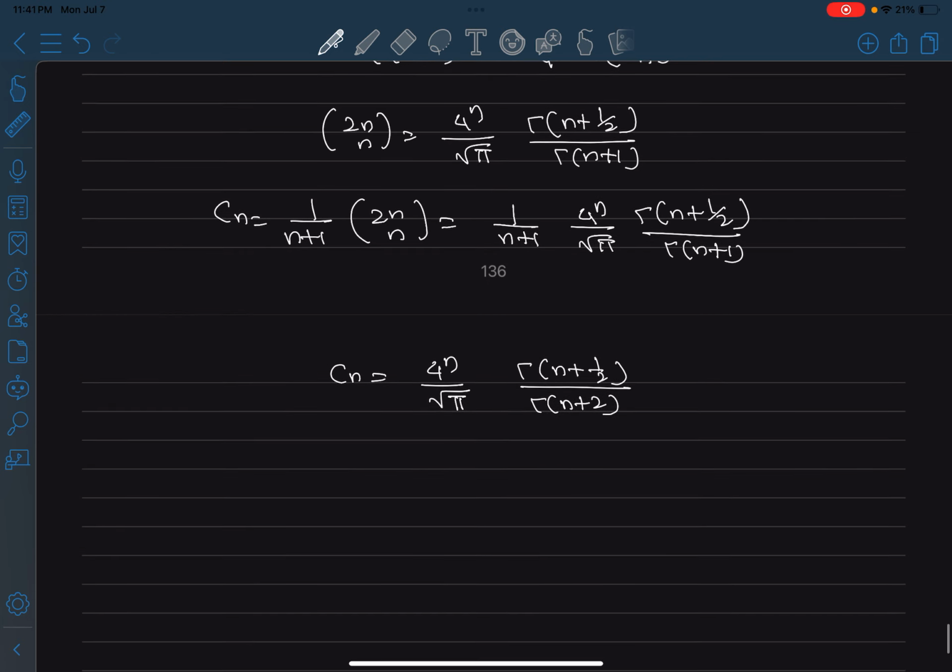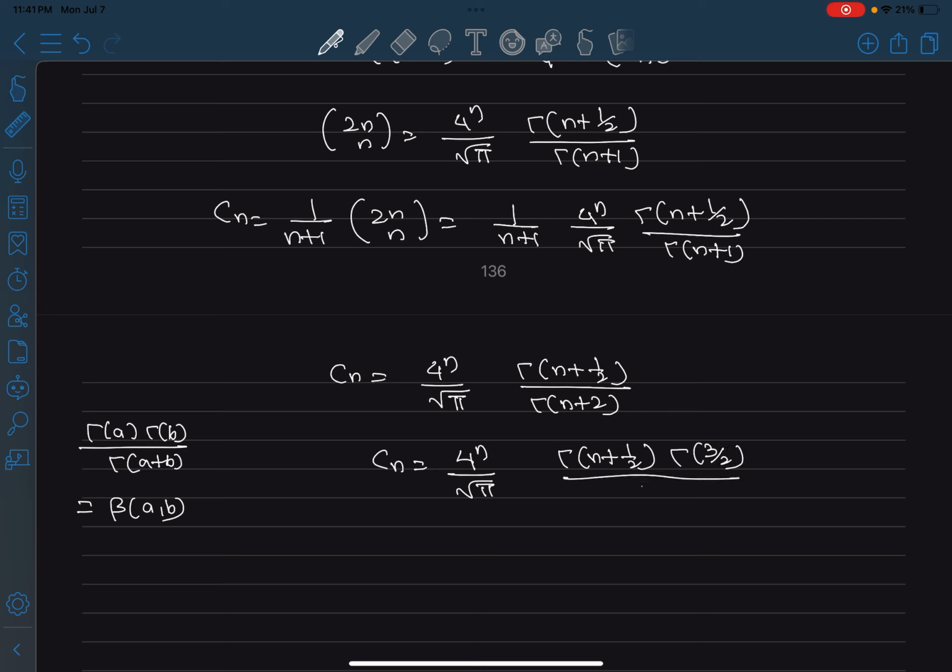Now what I can do is try to write it in terms of the beta function, right? For that, I just need gamma a, gamma b by gamma a plus b, because then it becomes beta a comma b. So the nth Catalan's number becomes 4 to the power n by root pi, and then gamma of n plus half, gamma of 3 half by gamma of n plus 2, and then also gamma 3 half.